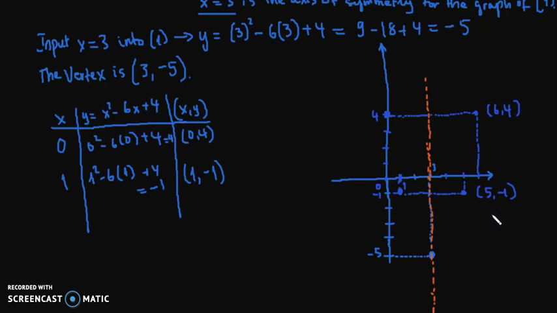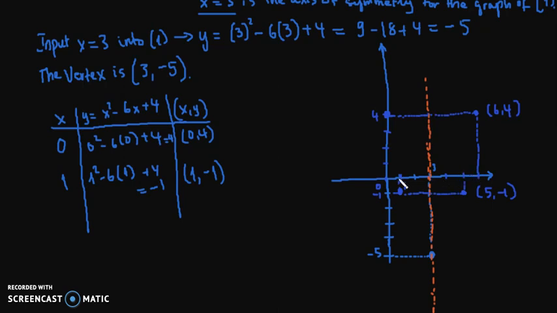How do I know? I know that the distance from this point to the axis of symmetry is 3 units. So from the axis of symmetry, I count 3 units, 1, 2, 3 over here, to get my second point. The total distance would be 6.